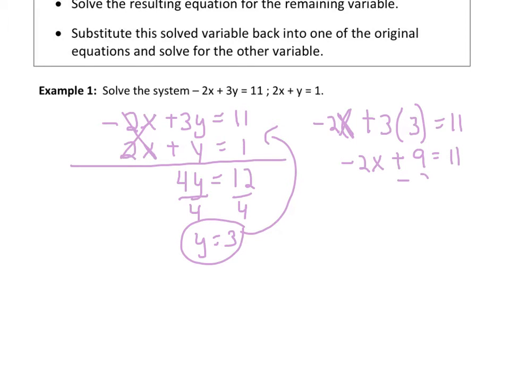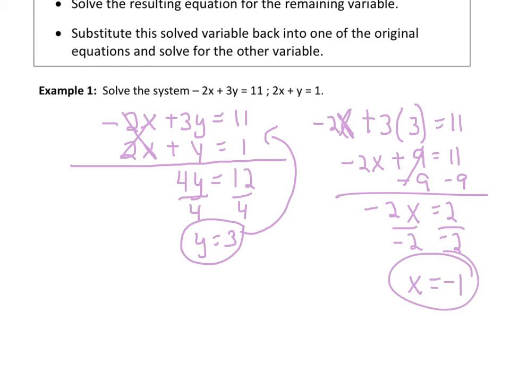Then I subtract 9 from both sides. So I get negative 2x is equal to 2. So then I know that x is negative 1. So my answer is an ordered pair, negative 1, 3, and this is where those two lines intersect if you graph them. All right, let's try another one.